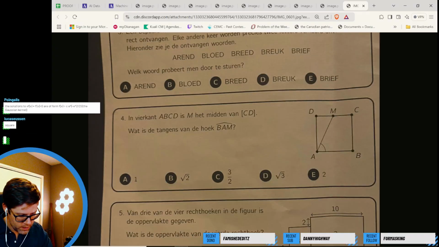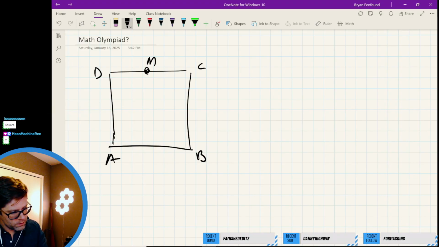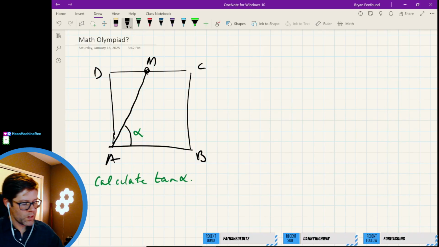So A, B, C, and D. We're going to create a midpoint here called capital M. And we're curious about this angle here. I'm just going to call it maybe alpha. So we want to calculate tan alpha. That's our goal.